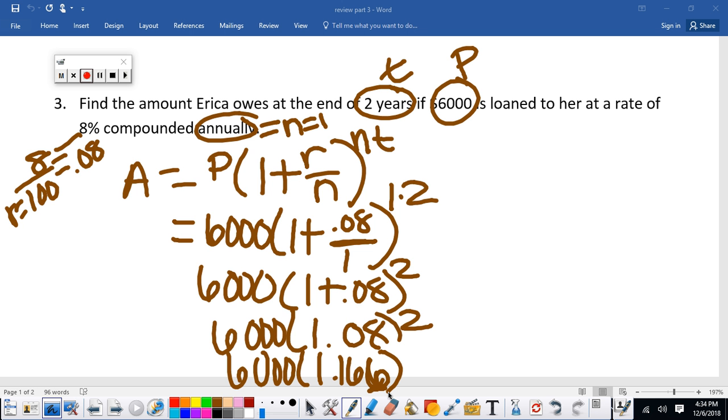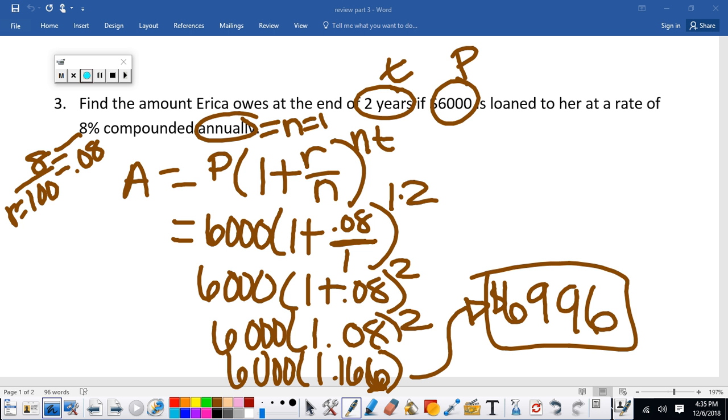And then finally I multiply those two values. 6,000 times 1.166, I get $6,996.